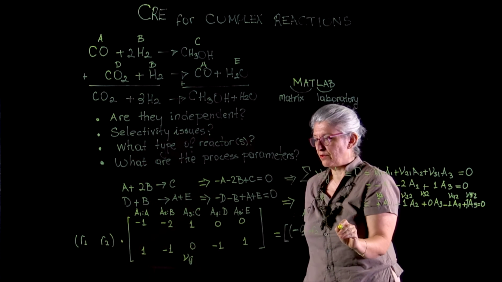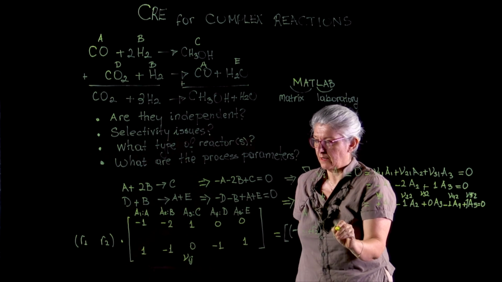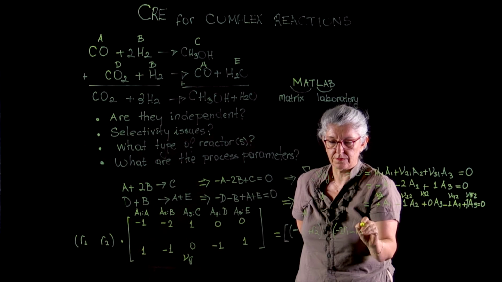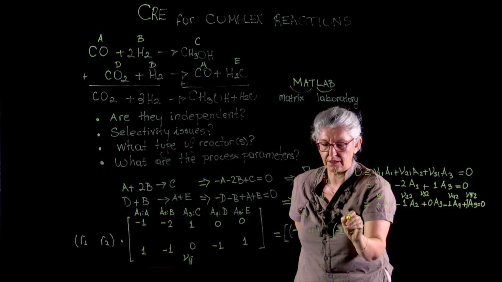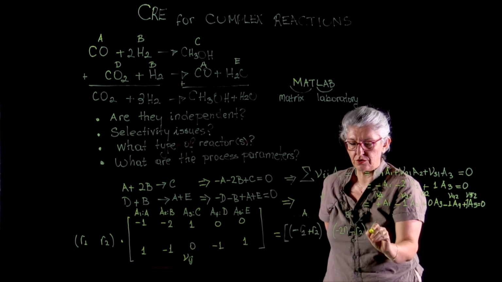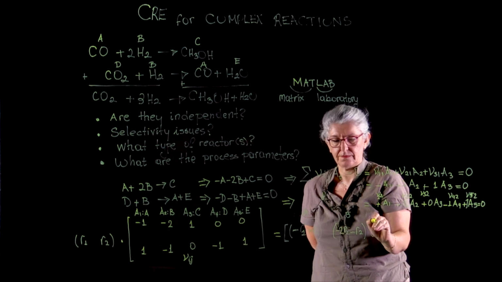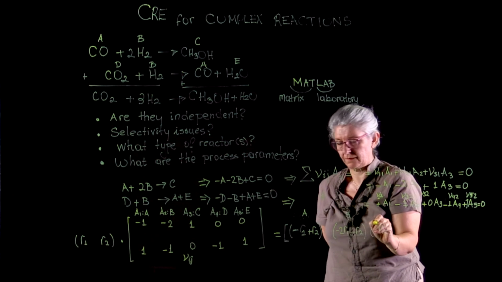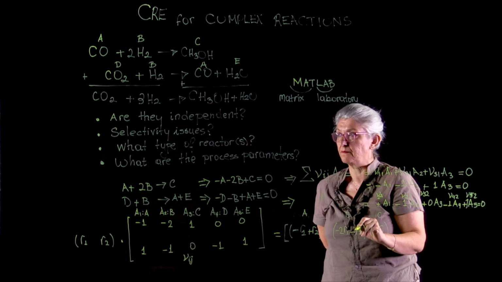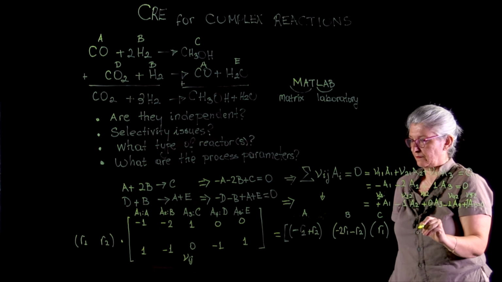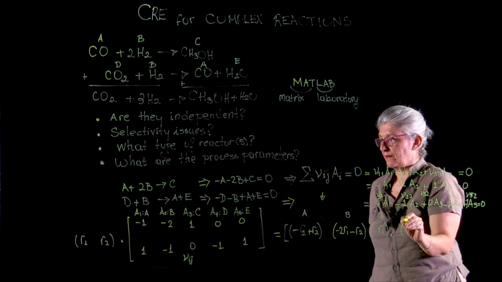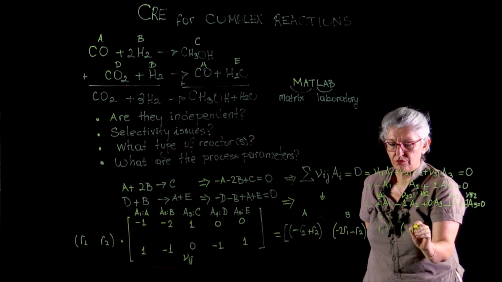My second term is minus 2R1 minus R2. This belongs to the B column. My third term is R1 only. This belongs to the C column. My fourth term is minus R2.